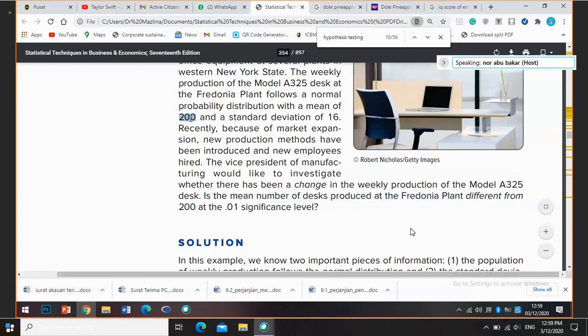Jadi macam mana bila kita introduce method baru, adakah lebih daripada 200 ke atau kurang daripada 200 ke? Kita nak tahu sama ada perkara tu efektif ataupun tidak.